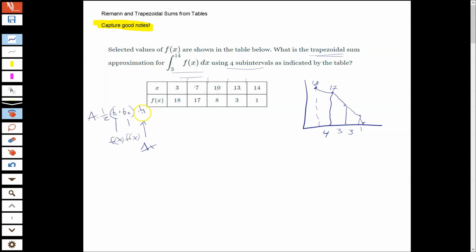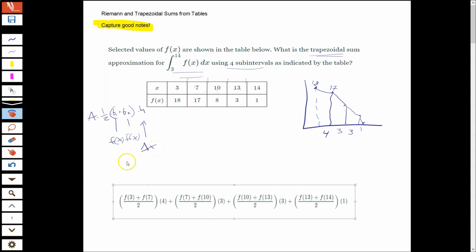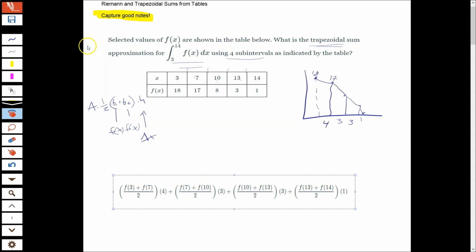So let's take a look at what this is going to look like. We're going to use this formula 4 times. So this is our trapezoidal sum. Take a second to look at this.